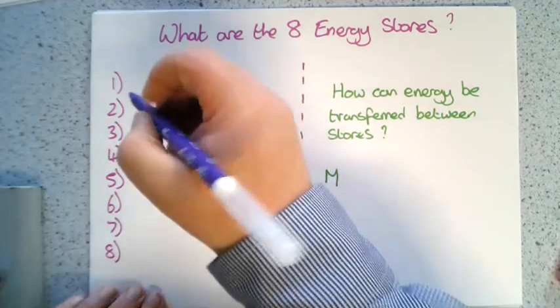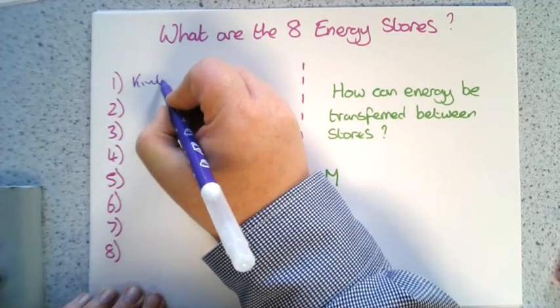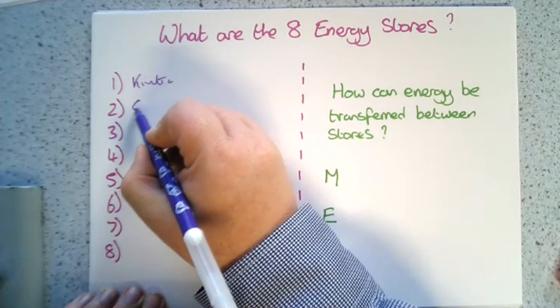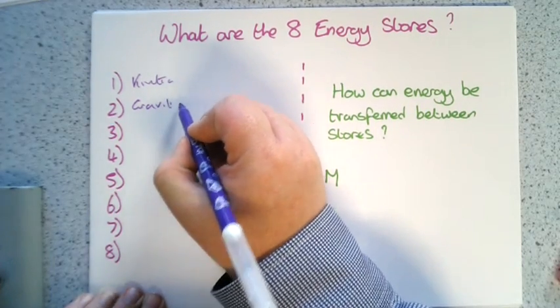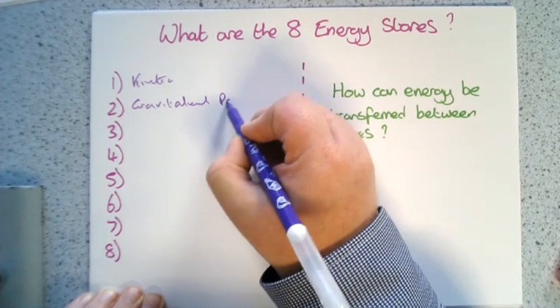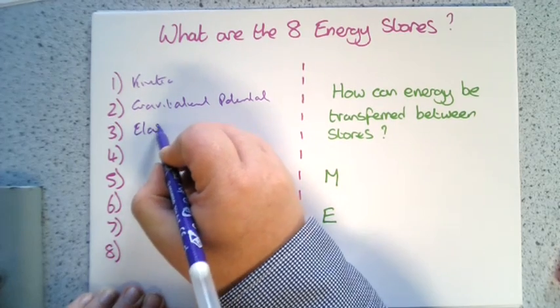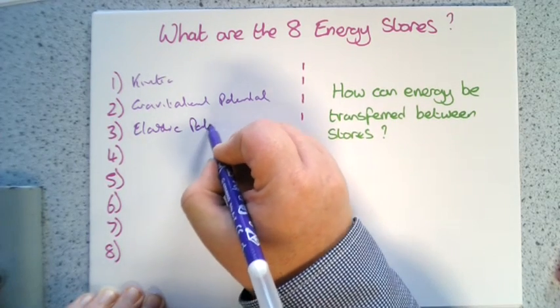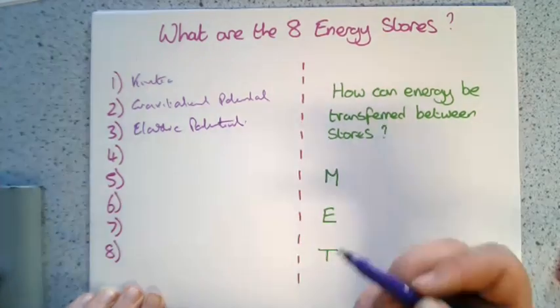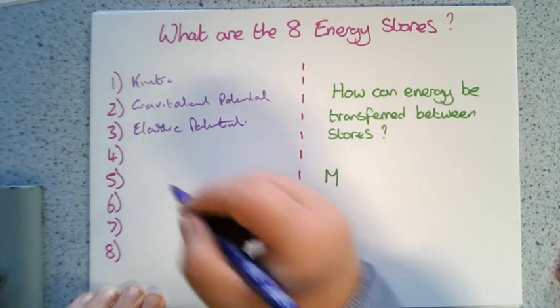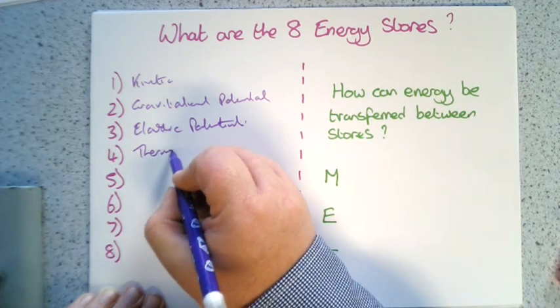So we've got kinetic, we've got gravitational potential, we've got elastic. Then let's always think that when we get any energy transfer, we've got thermal.